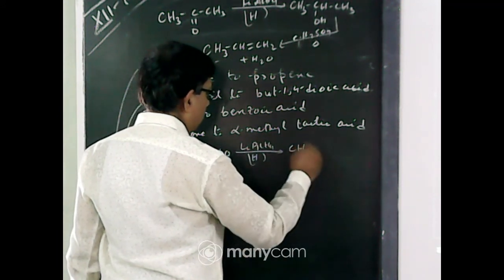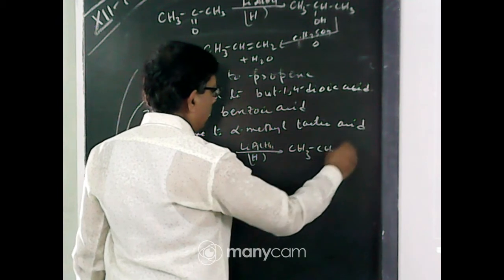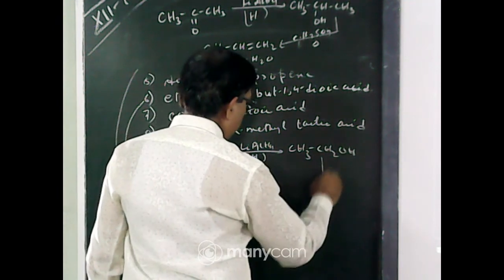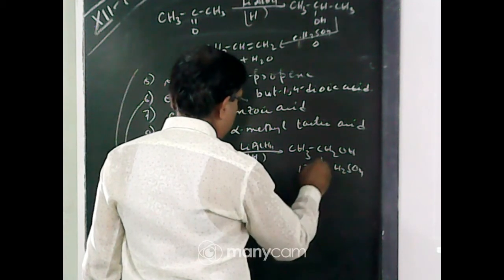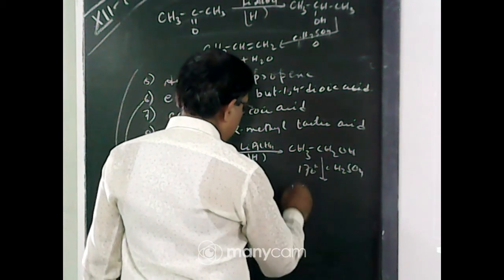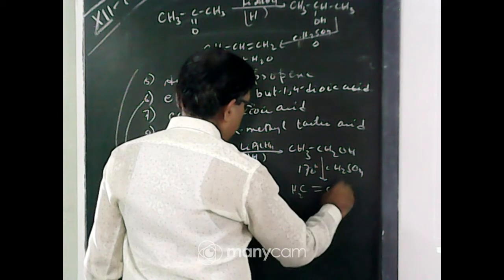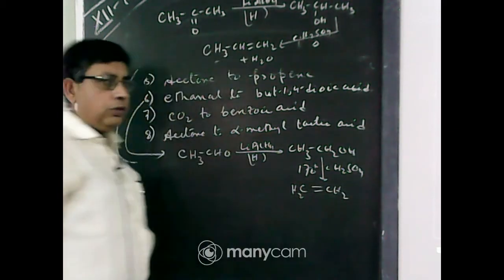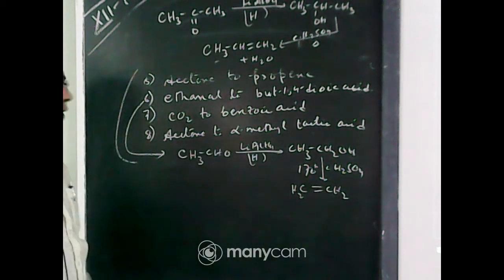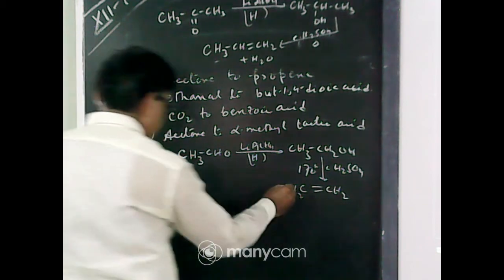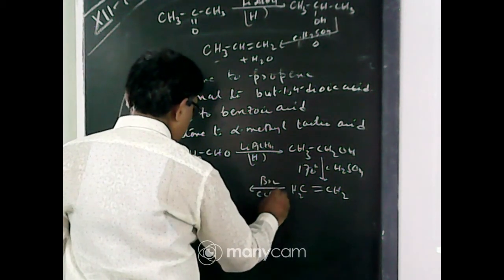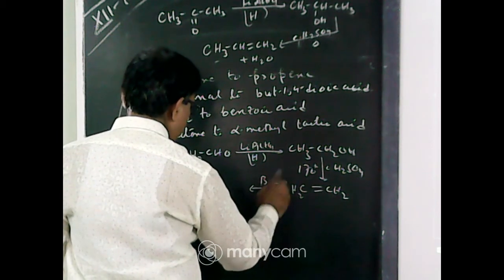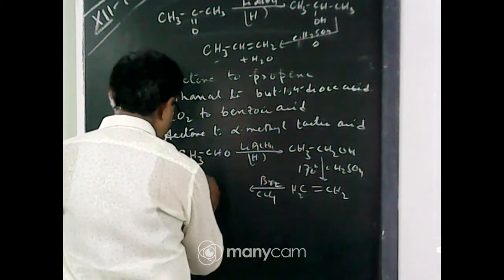The product is CH3CH2OH. Now heat with concentrated sulfuric acid at 170 degrees centigrade, and an alkene is formed, CH2=CH2, by elimination of a water molecule from the alcohol. This alkene undergoes an addition reaction with bromine in CCl4.